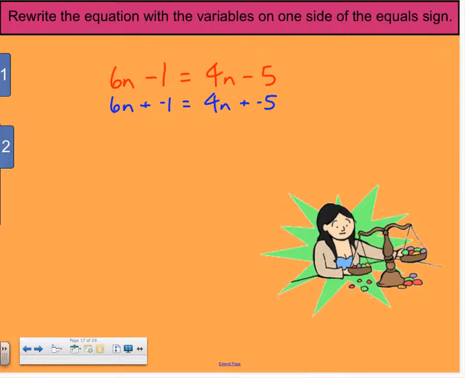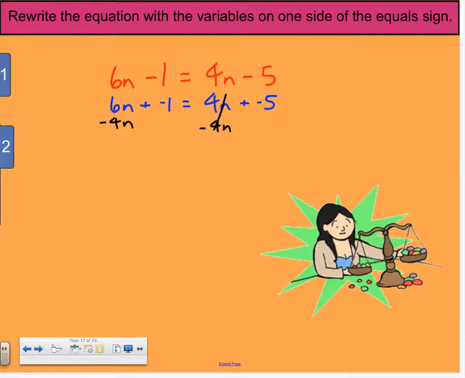And then we start solving from there. So I need to get the n's on one side, all right? So if I am subtracting 4n from the right side, I need to subtract 4n from the left side. So that cancels out. The 4n and the negative 4n is like a zero pair.